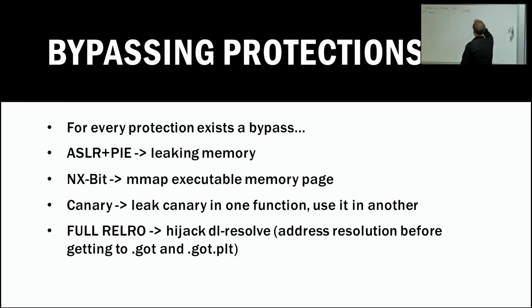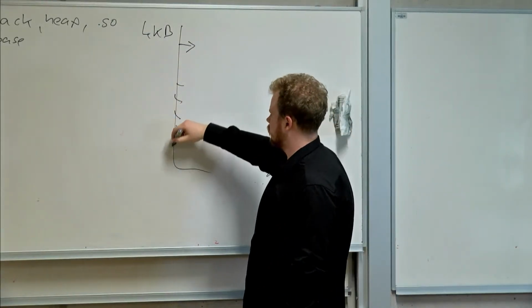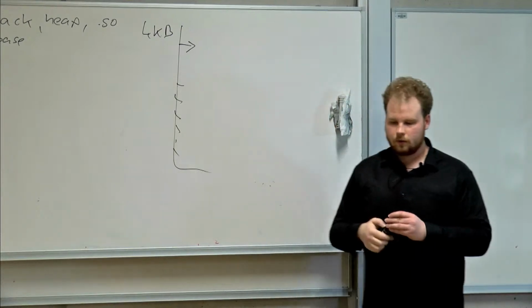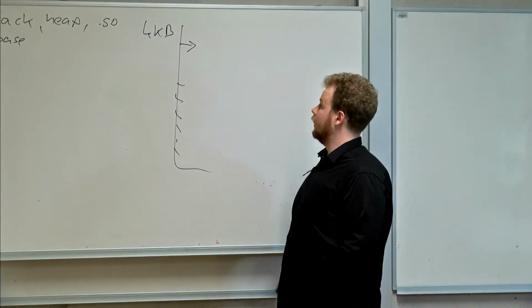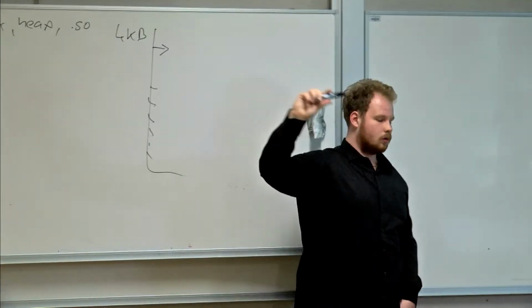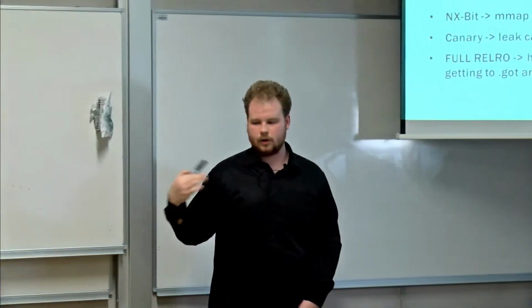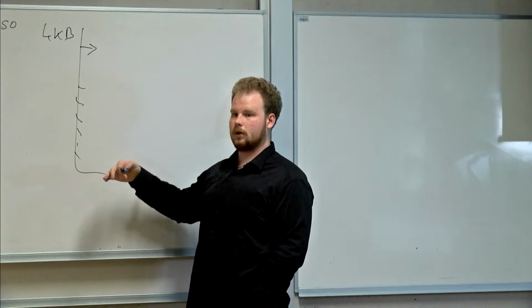So let's say I leak one address in the 4 kilobytes of space, then I can calculate every other address in there. This is because of ASLR. ASLR is done by kernel page, so every kernel page gets randomized separately.